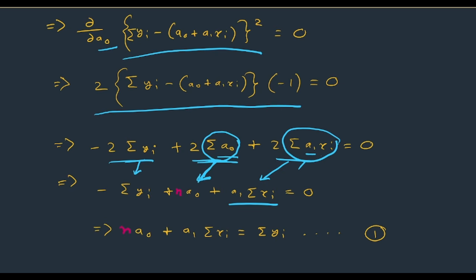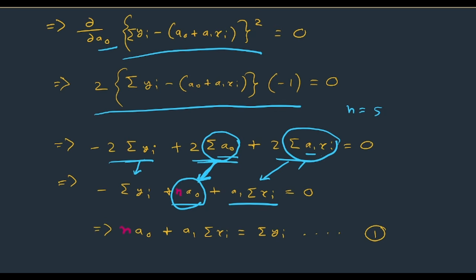Because it is the summation of a0, which means that we need to multiply a0 with the number of samples given. For example, if we are dealing with 5 values, here we will take a0 multiplied by 5. This is how this term has come into this position.